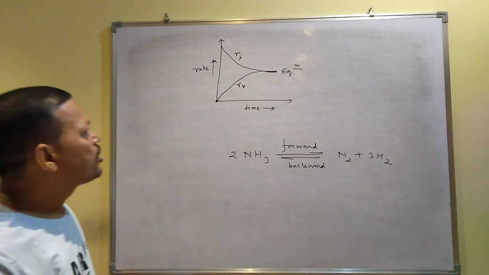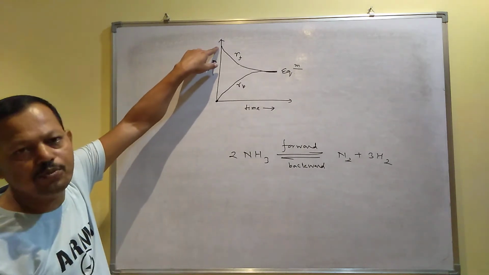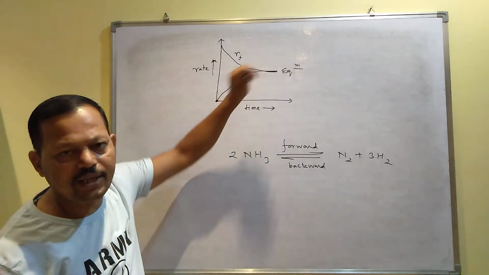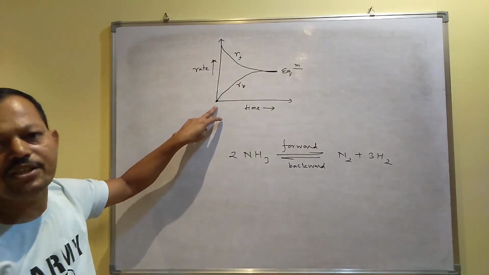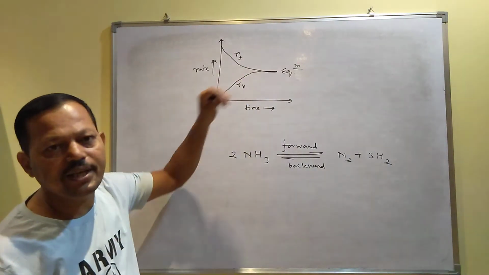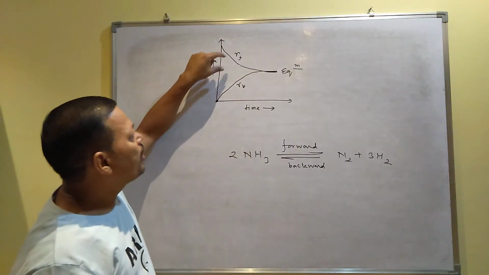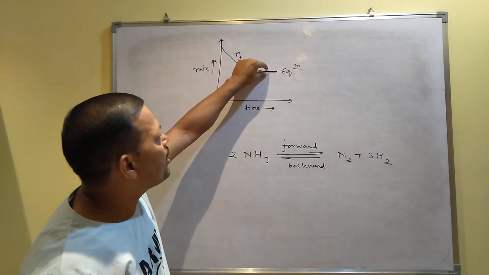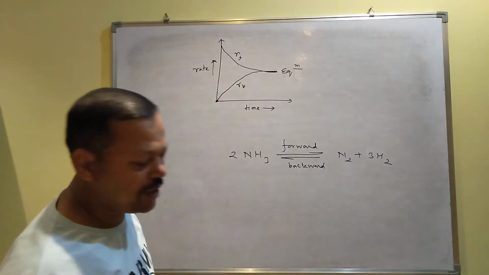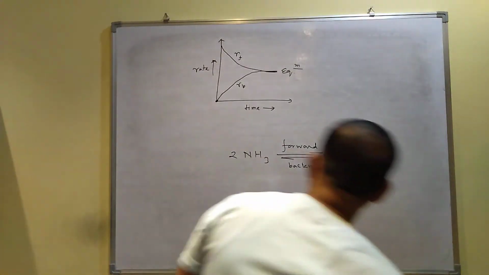Have you got it? So initially the rate of forward reaction is more, but as time proceeds it goes on decreasing. Initially the rate of backward reaction is 0, but as time proceeds it goes on increasing, and at a time they become equal, and in that state the reaction is said to be at equilibrium.